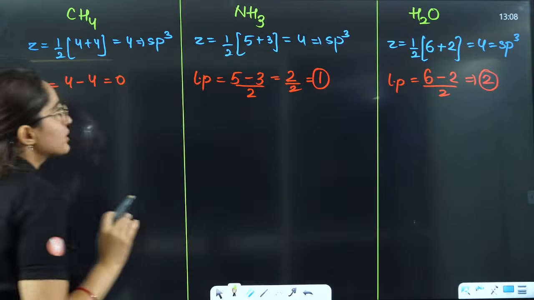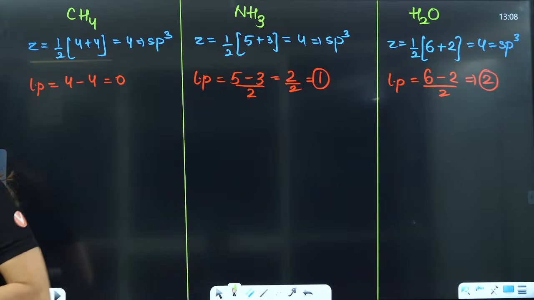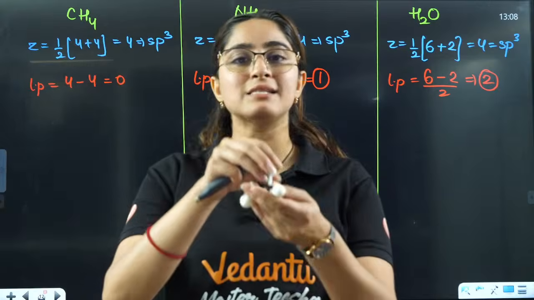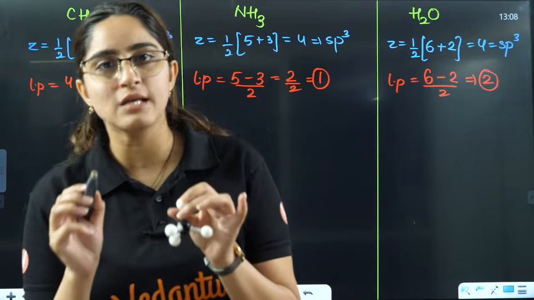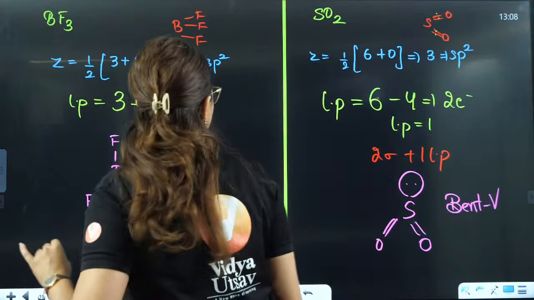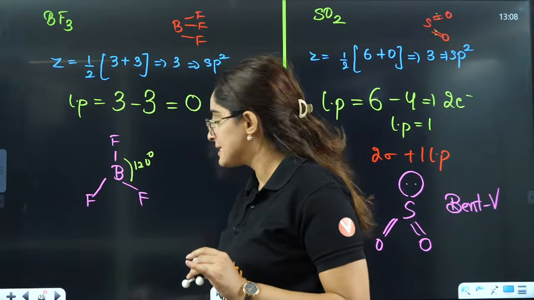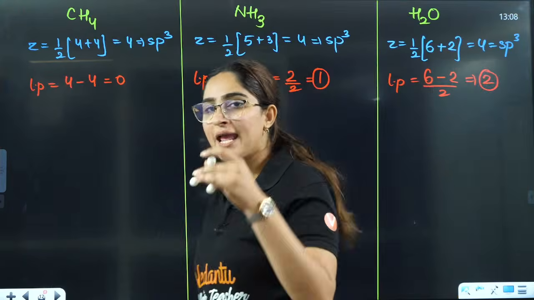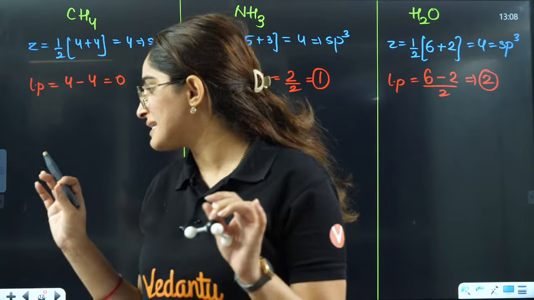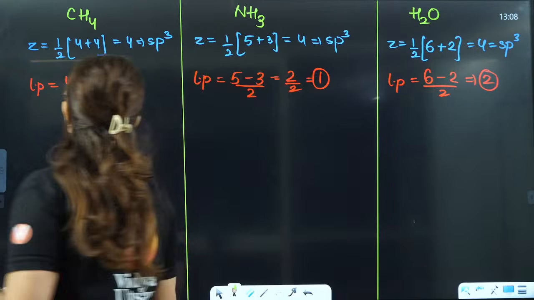So now we know it is going to be tetrahedral only, and this is how tetrahedral geometry looks. Now, trigonal planar, we forgot to mention, will have an angle of 120 degrees, right? And tetrahedral sp3 hybridization will have an angle of 109 degrees 28 minutes.